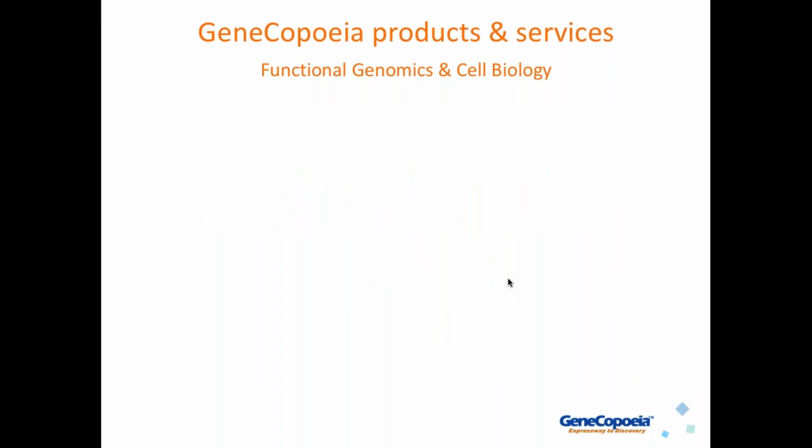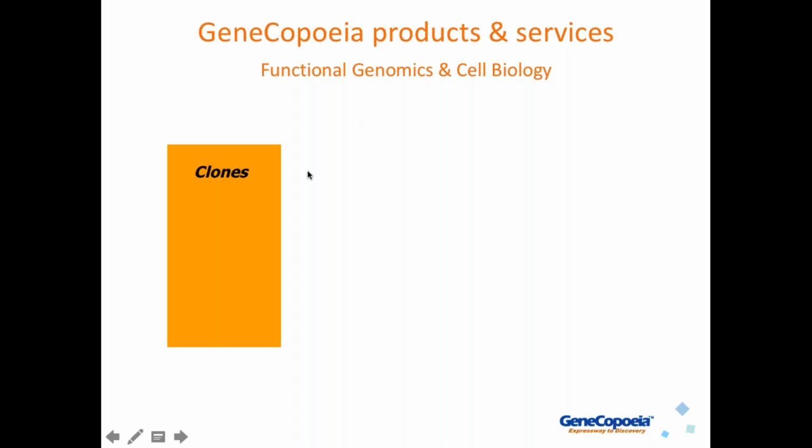All right, so first I want to tell you who we are at GeneCopoeia and what we're about. We are a company that's focused primarily on products and services for functional genomics and cellular biology. One of the main product lines that we offer, and in fact this goes back to our founding days in 1999, is plasmid DNA clones.